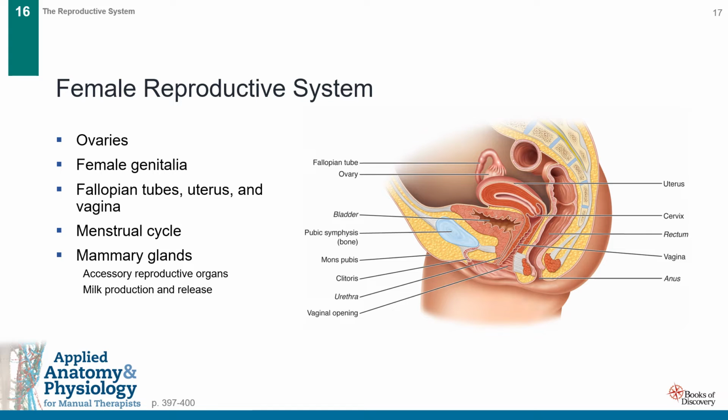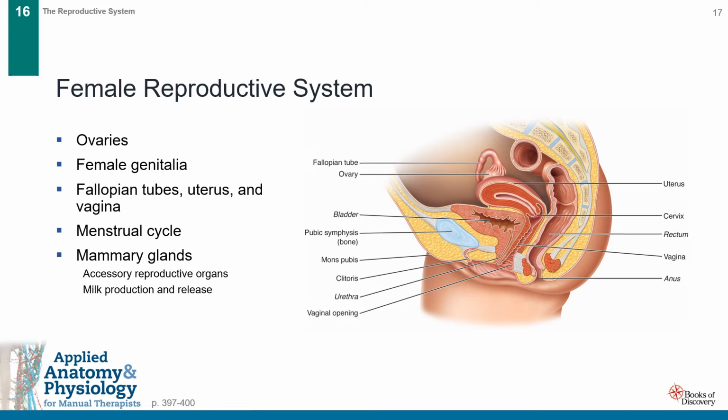The female reproductive system is well designed to conceive, carry, and nourish a developing fetus and deliver offspring. Organs include the ovaries, fallopian tubes, uterus, and vagina, which collectively make up the female reproductive tract. In addition to these components, the mammary glands, or breasts, are considered accessory reproductive organs.